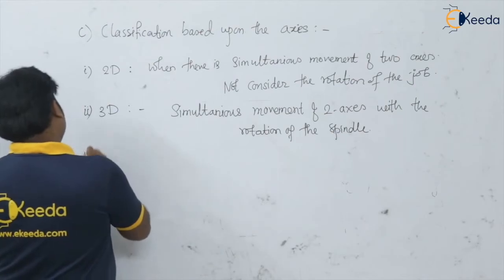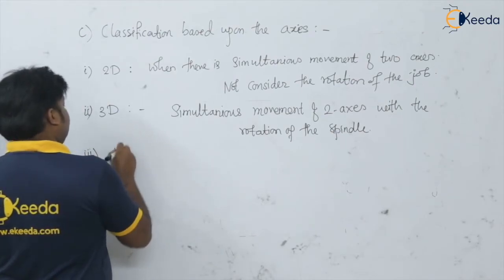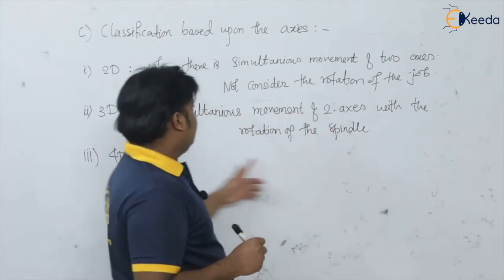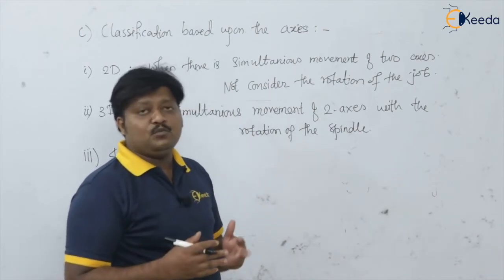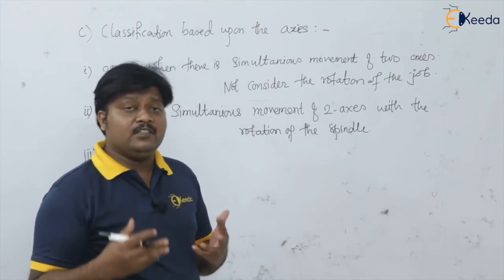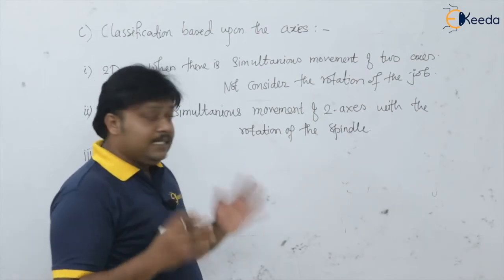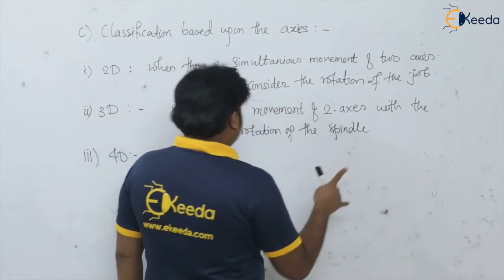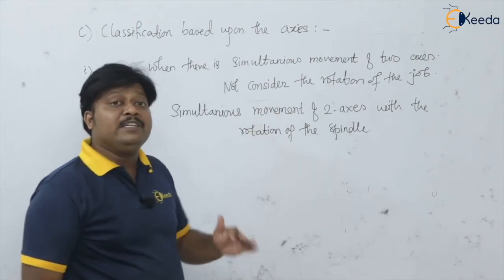What is 4D? A 4D control system means, along with this 3D system, where two axes have simultaneous movement and we have considered the third axis as the rotation of the spindle or rotation of the job, at the same time these two axes, that is the tools, are also removing the material.